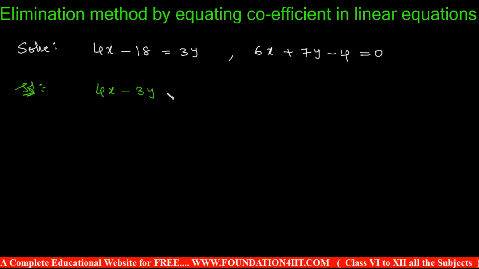So 4x minus 3y is equal to 18. Okay, let it be equation 1. Now this is 6x plus 7y minus 4, take right, plus 4. Equation 2. If equation 1 has RHS as a constant, you should make the second equation's RHS also a constant. Then you can eliminate easily.